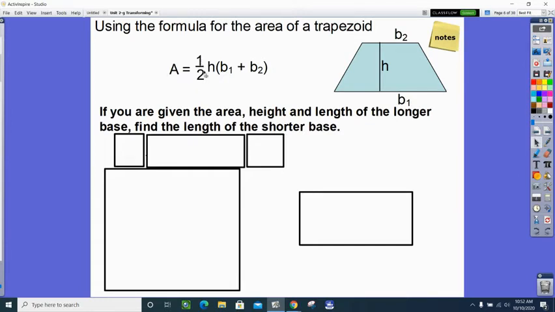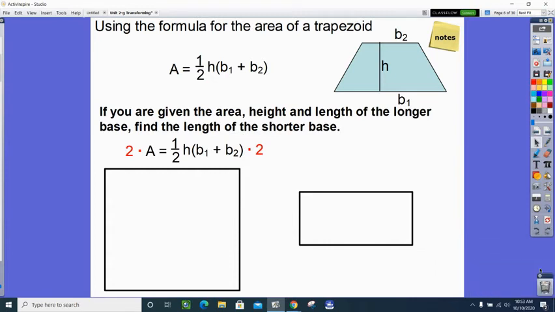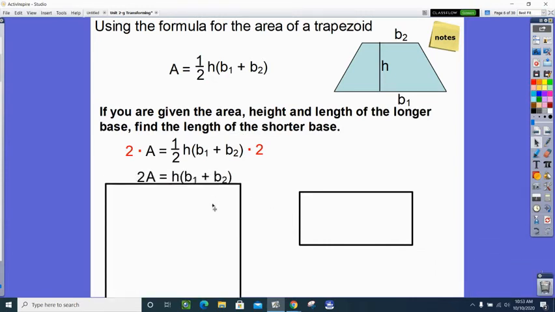I'd start by saying, how about if we multiply both sides by 2? If we multiply both sides by 2, then that 1/2 times 2 is going to be 1. And we are going to start by simplifying and getting rid of that fraction. I mean, come on, that looks better already. Now, once again, this whole thing is being multiplied by h.